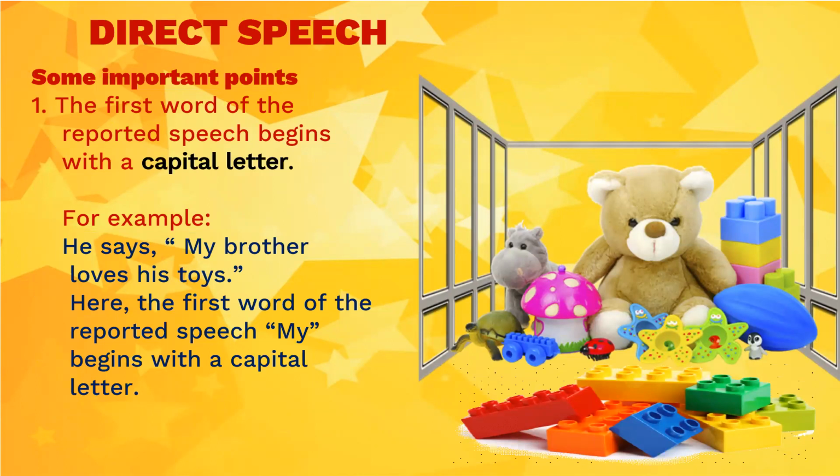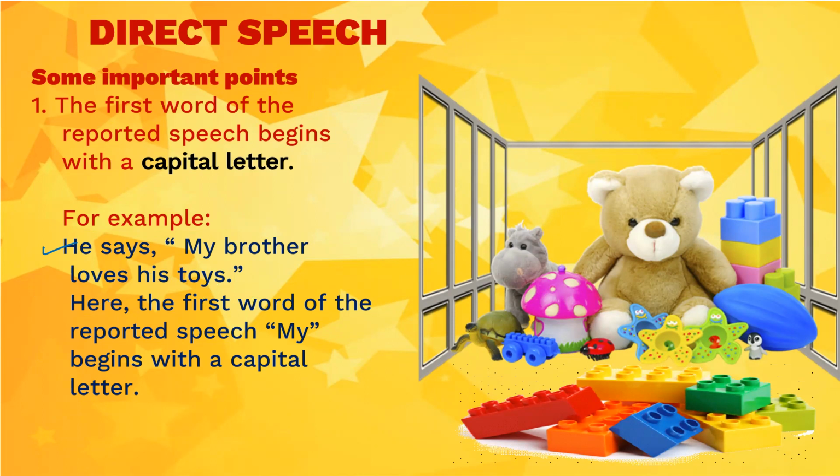Some important points to note. The first word of the reported speech begins with a capital letter. If you do not do that, your marks are surely going to cut. For an example, he says, "My brother loves his story."